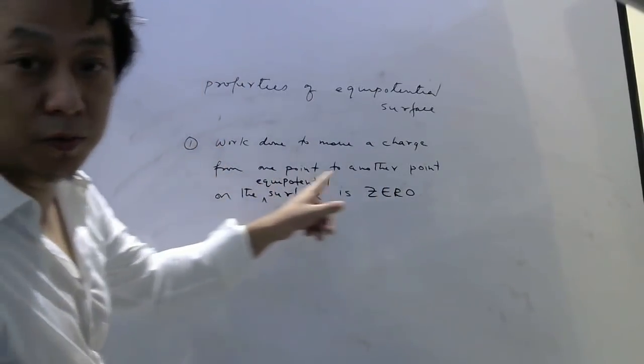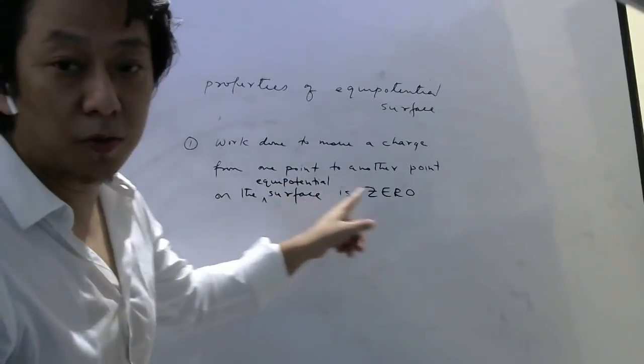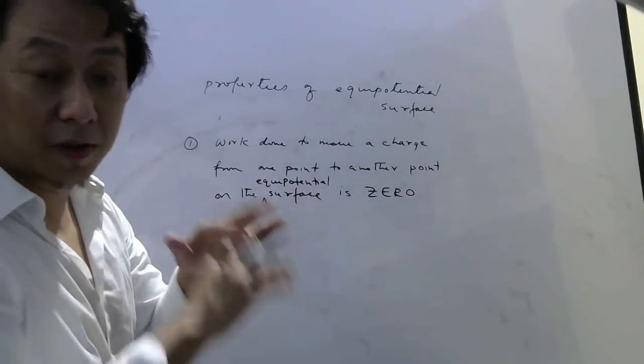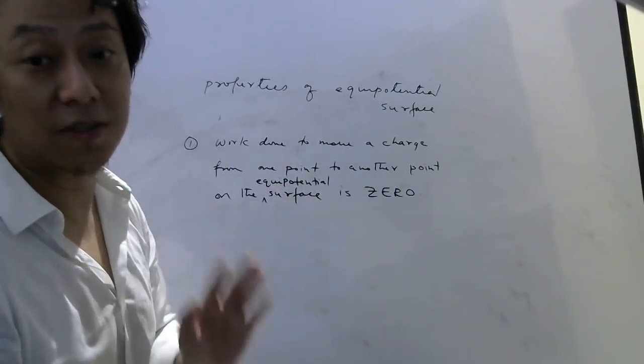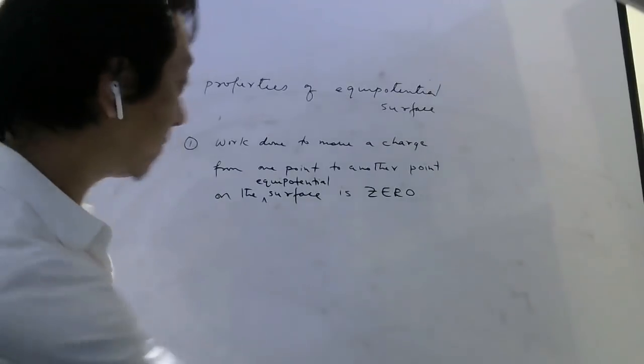Work done to move a charge from one point to another point on what surface? Equipotential surface will always be 0. Let us think why now.